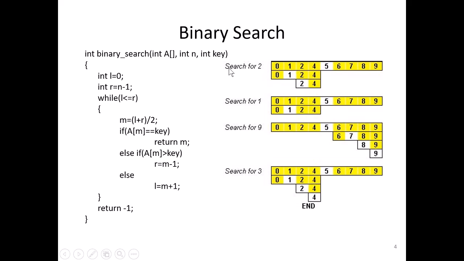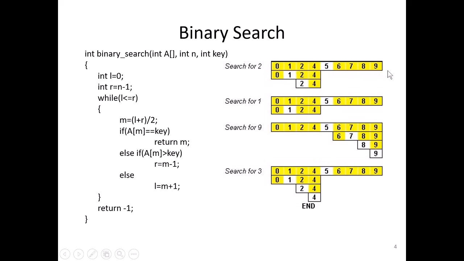Here what we do is find the mid value in the list. We are not starting from the start of the list and comparing each element to check whether the element is available. Here I just want to find the mid element.